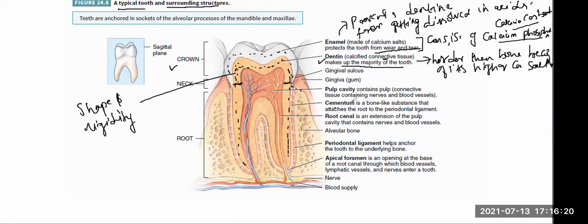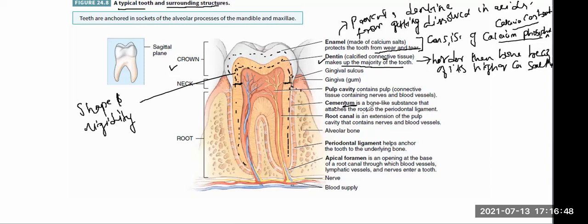Cementum again is a bone-like substance that attaches the root to the periodontal ligament. And the periodontal ligament is something that lines the socket in which the tooth is embedded, right? So your cementum is a bone-like substance that attaches the root to the periodontal ligament.